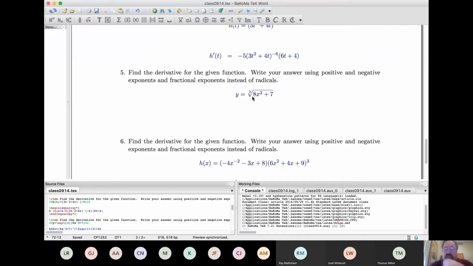This function. Now this will work out the same way as the previous ones, but before we begin, we need to rewrite this function in a different form. So how should this function be rewritten before we even go about taking a derivative?